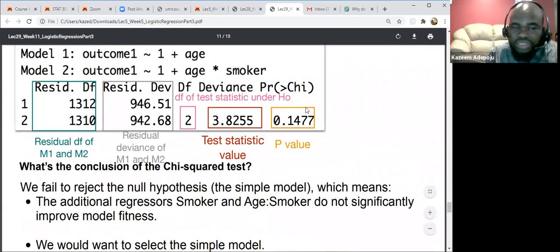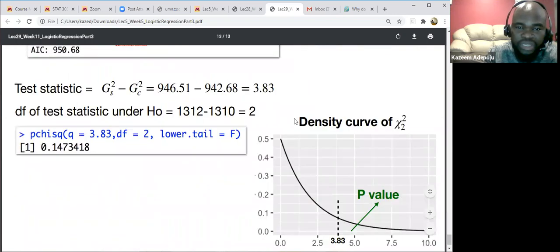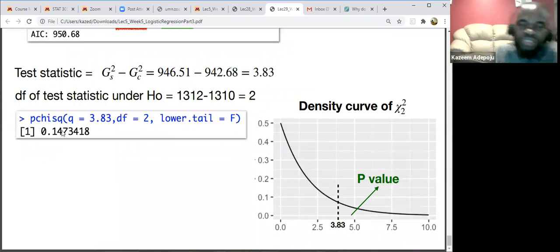Now let me take you back. You can see it's the same as what we have here, right? It's more or less the same as what we have right here. I'm just trying to show you another way you can do it. So you can see at the end of the day, you still have this. And of course, the p-value here is larger than the 0.05 level of significance. Because it is larger than 0.05, of course, we're going to fail to reject the null hypothesis and conclude in favor of model 1.